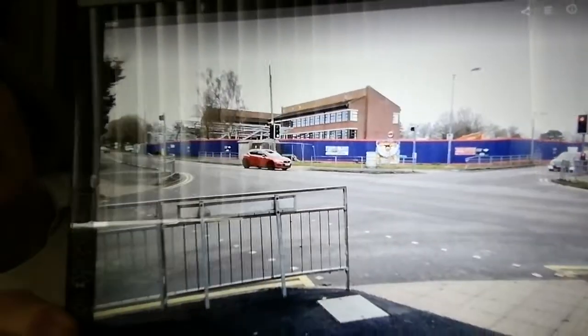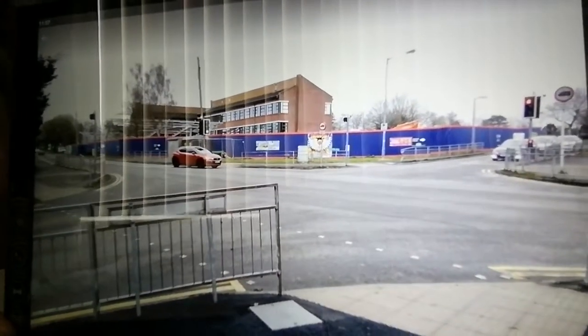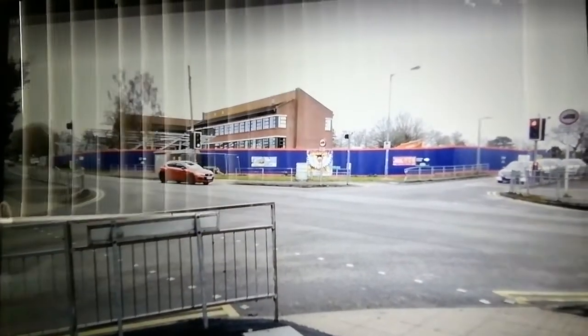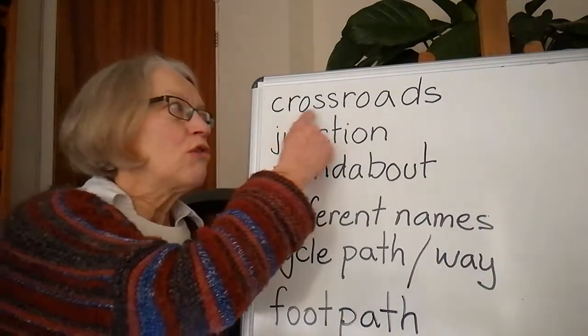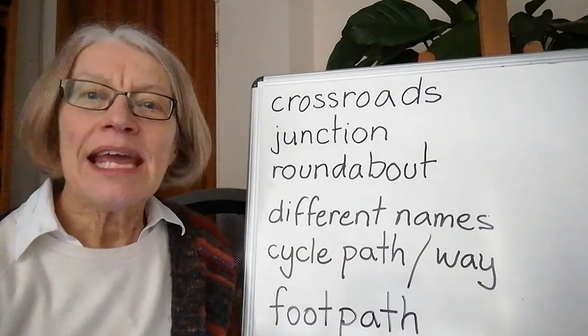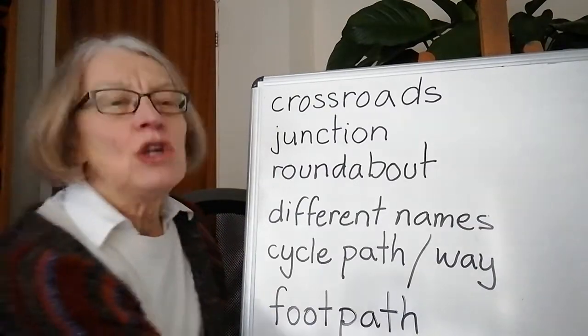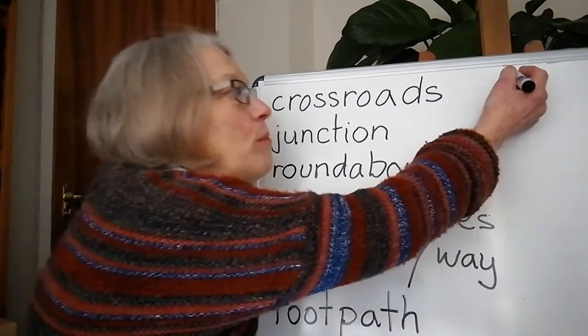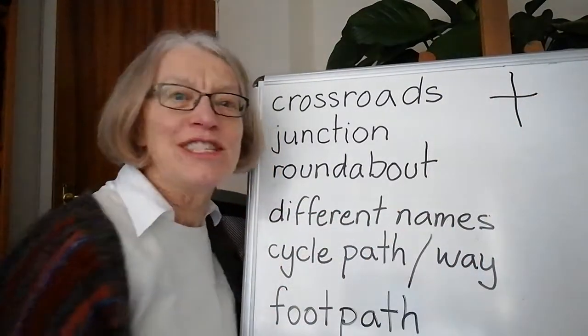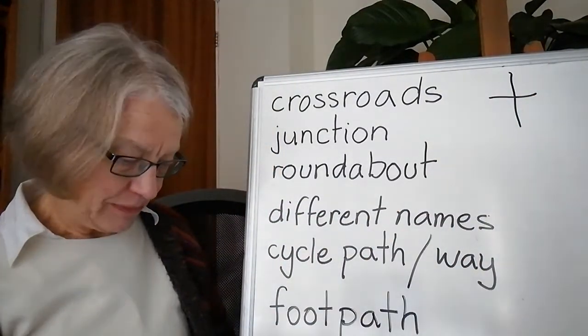There. Now that is a picture of a crossroads. Crossroads. It's where two roads meet in the form of a cross like that.